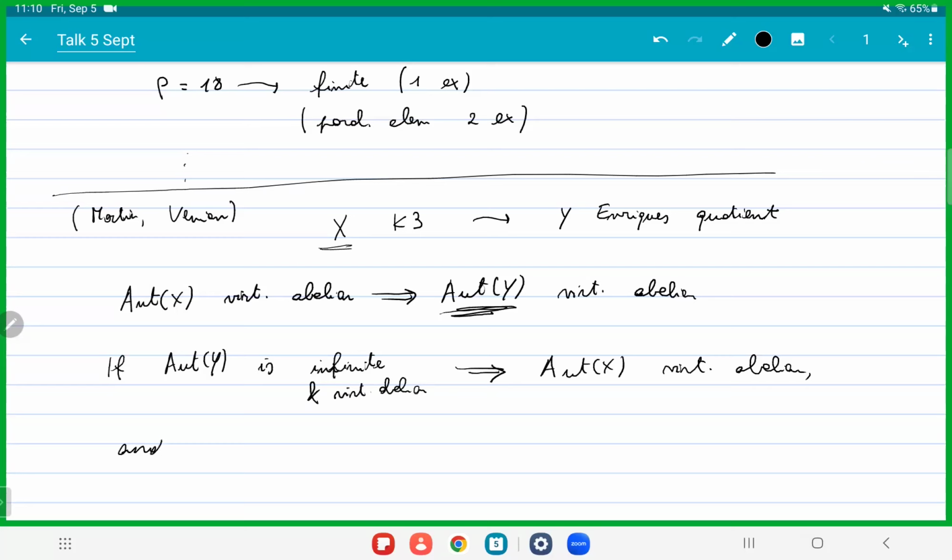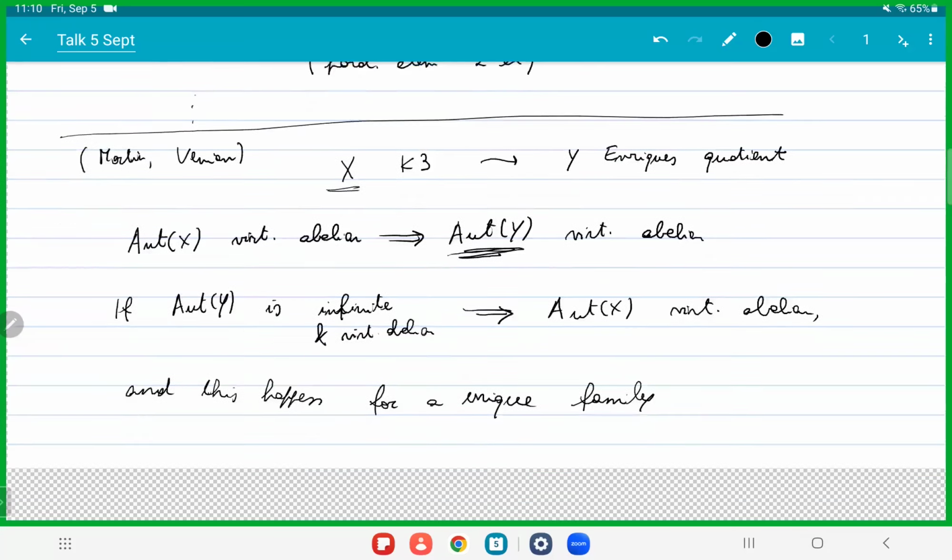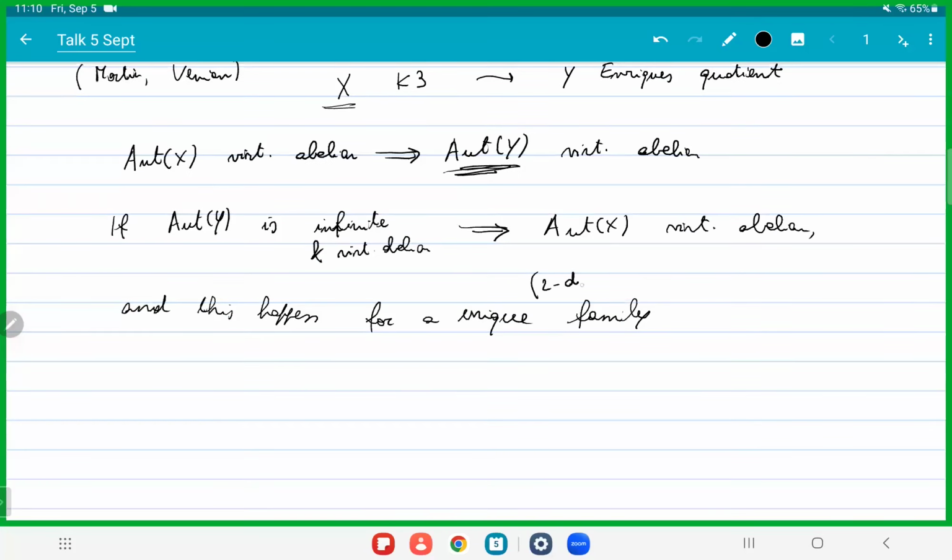And this happens for a unique family of Enriques surfaces, a unique two-dimensional family. So we have the Enriques side and the K3 side for this two-dimensional family. On the Enriques side, they were studied by Barth and Peters, and they have an interesting geometry.